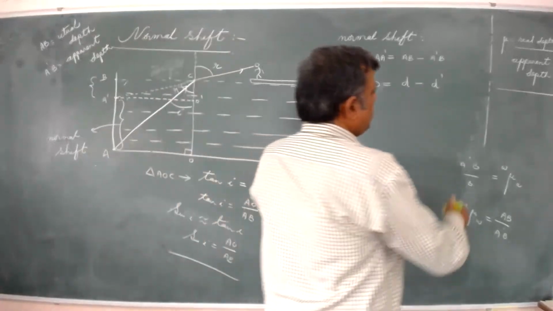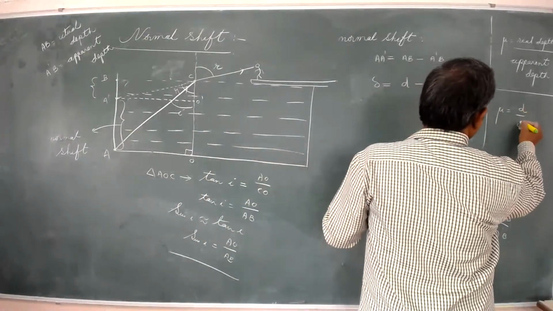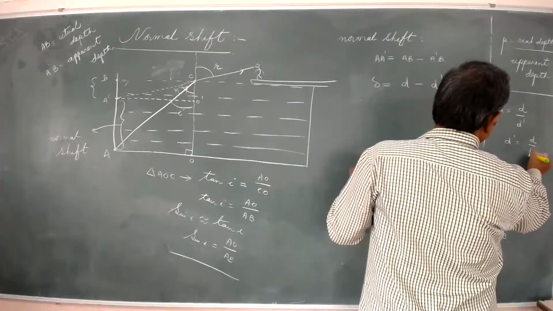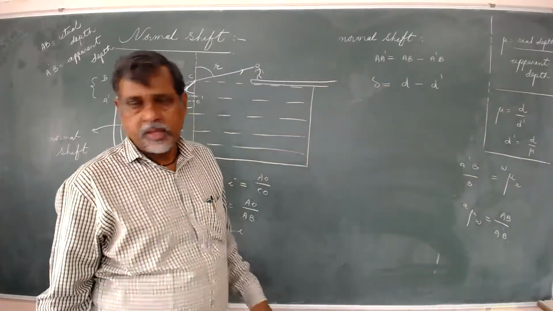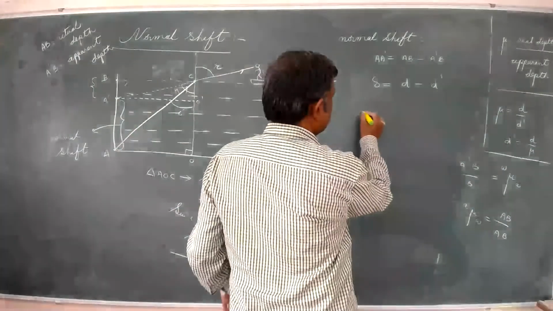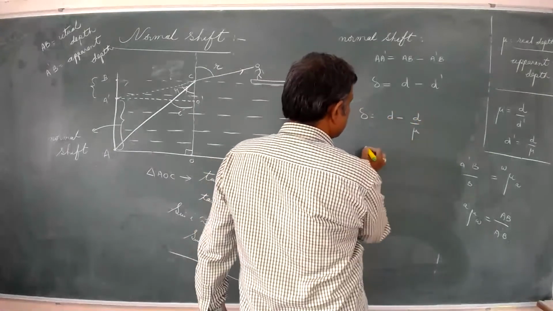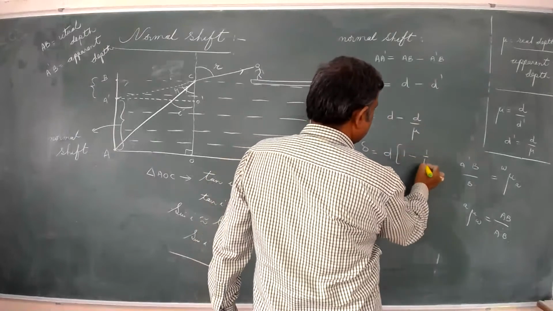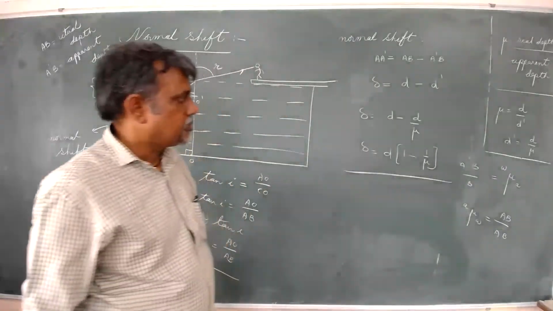Okay, so mu is equal to real depth by apparent depth. So apparent depth is equal to d by mu. This I will write over here. So the normal shift is the formula that you will use.